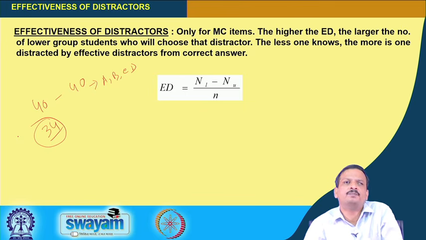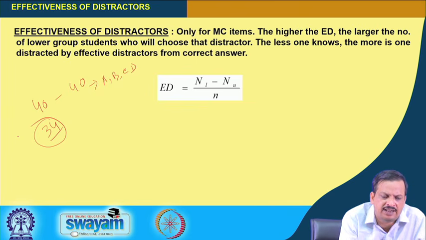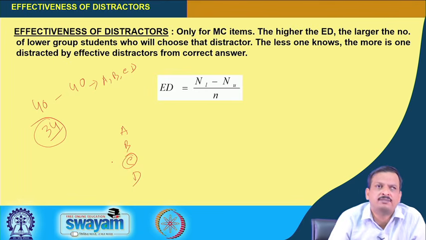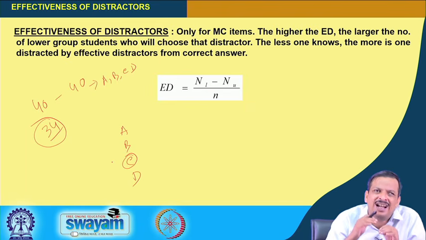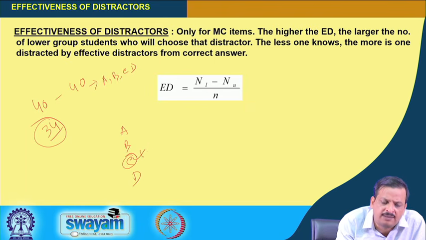How do you calculate? There is a fourth choice: A, B, C, D. Let us say choice C is the correct one. What is the possibility that I have chosen the correct option C?